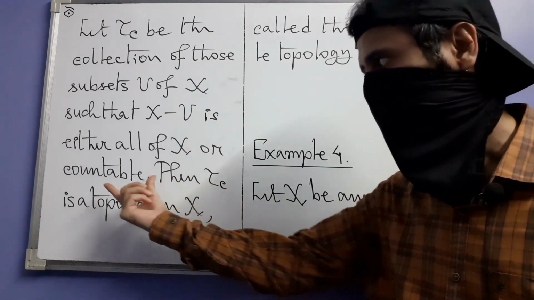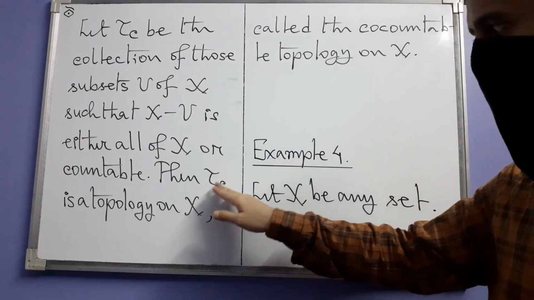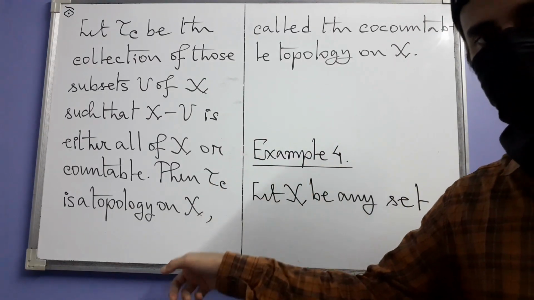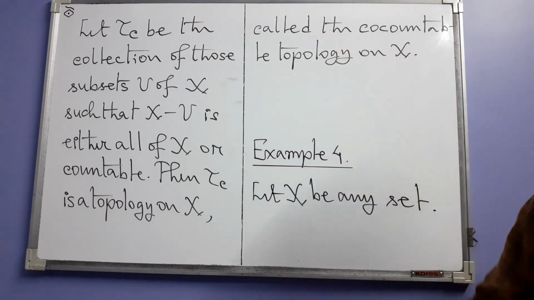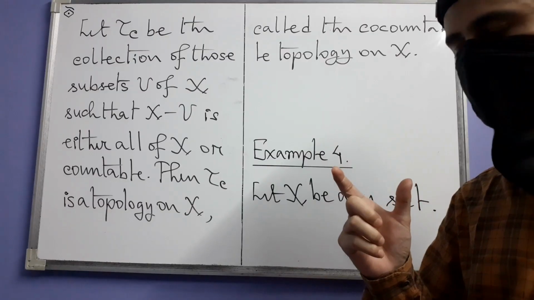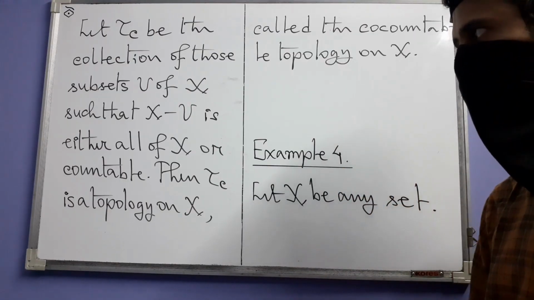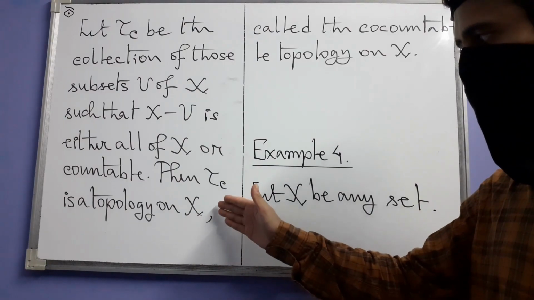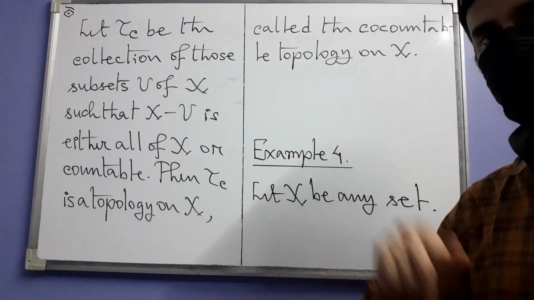So the difference is that we have replaced finite by countable. Then tau C, just like tau f, is a topology on X, and it is called the co-countable topology on X. That previous one, the finite complement topology, is sometimes also called the co-finite topology. Verification of this is similar to the previous one, so I am leaving that to you.